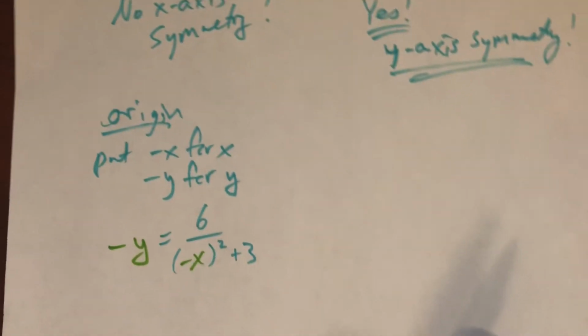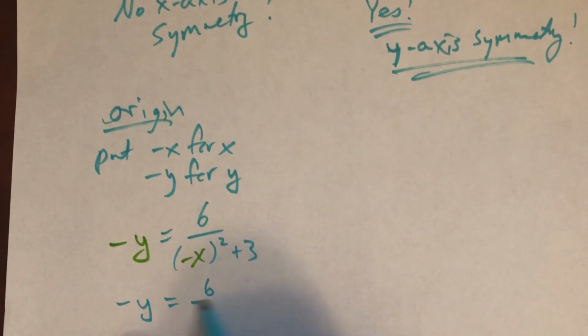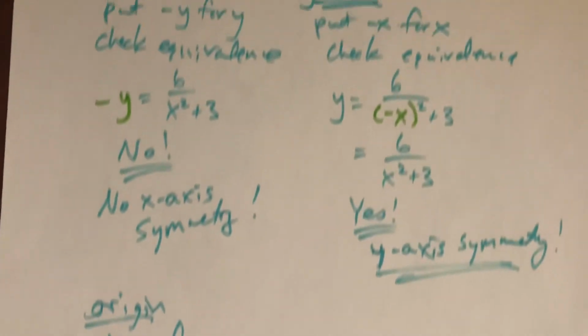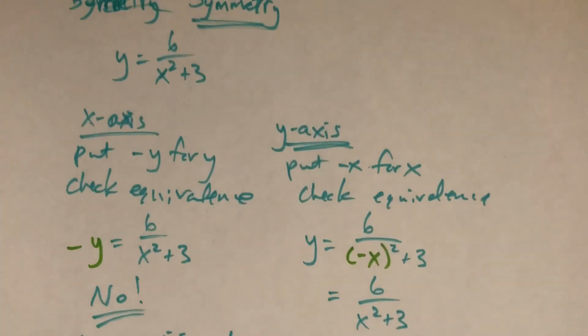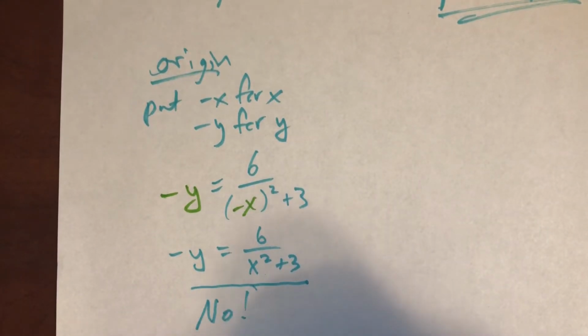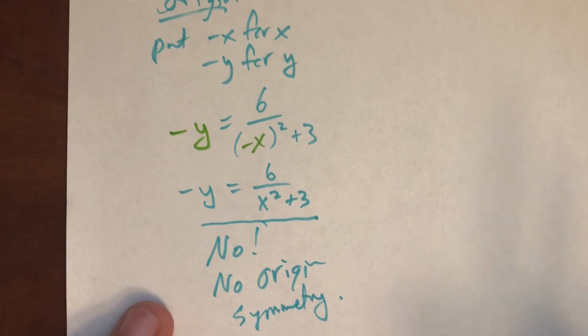Well, the negative y, nothing's going to change there, but this one does become positive, just like it did on this other side over here. So now we want to compare this to what we had originally. Well, we got a negative y instead, don't we? So we would say no origin symmetry. Okay, so it's not symmetric about the origin.